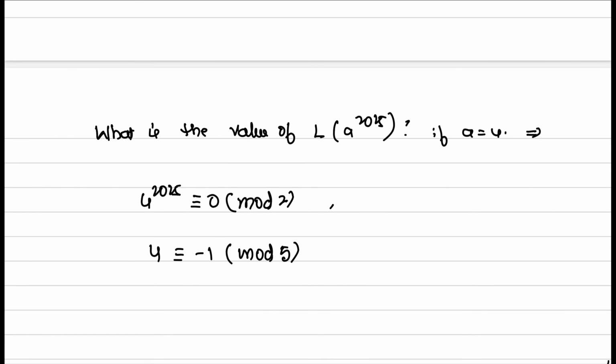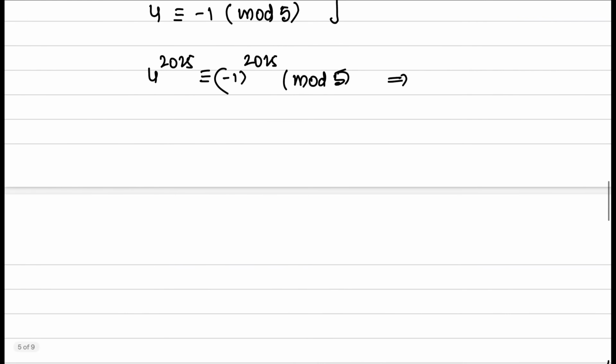Please see them. From these two, 4 to the power of 2025 is equivalent to minus 1 to the power of 2025 mod 5. That implies 4 to the power of 2025 is equivalent to minus 1 mod 5.